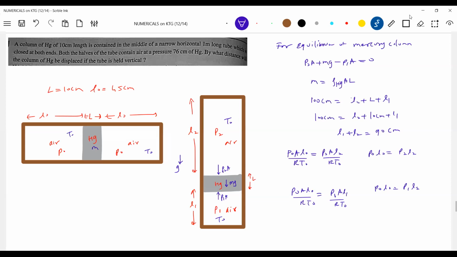Equating these two, P1 L1 equals, okay, we have one more step. Now what is L2? It is asking for displacement, no? So shall we write L2 as L naught plus Y, since it has undergone displacement?